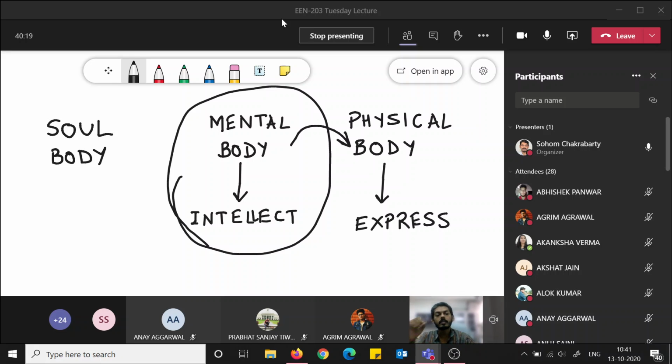This characteristic is the characteristic of our soul body. Its characteristic is to feel. It is not emotions as such. This is a feeling of something. It is just knowing it. We can also say feel or know.